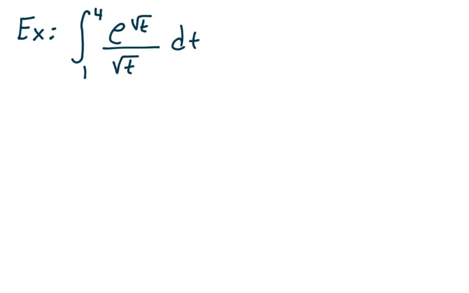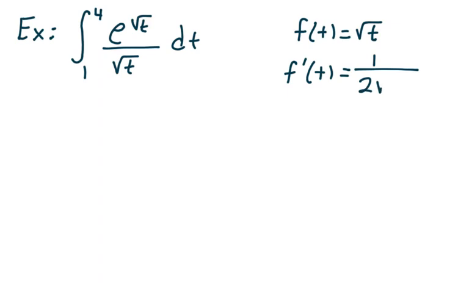So we'll do one more. Now, I want you to observe something. F of t is square root of t. The derivative of square root of t is 1 over 2 times the square root of t. Okay, so notice how my function is square root of t. When I took the derivative, I ended up with 1 over 2 square root of t.